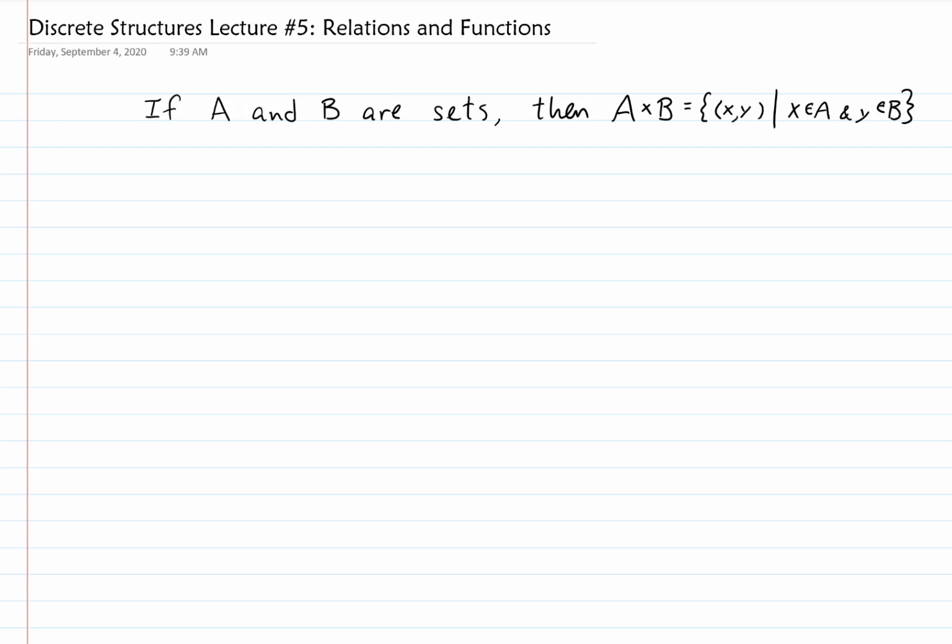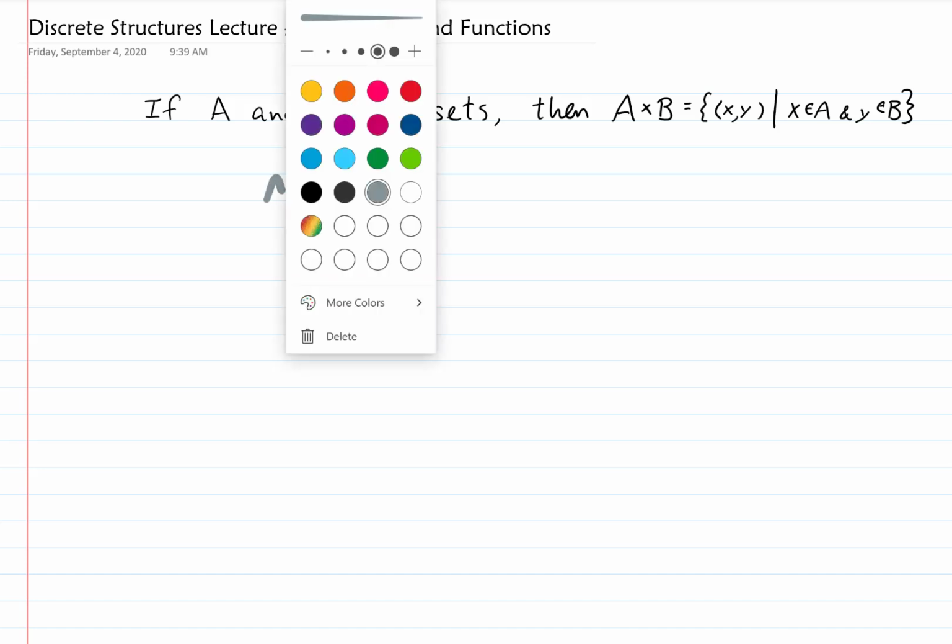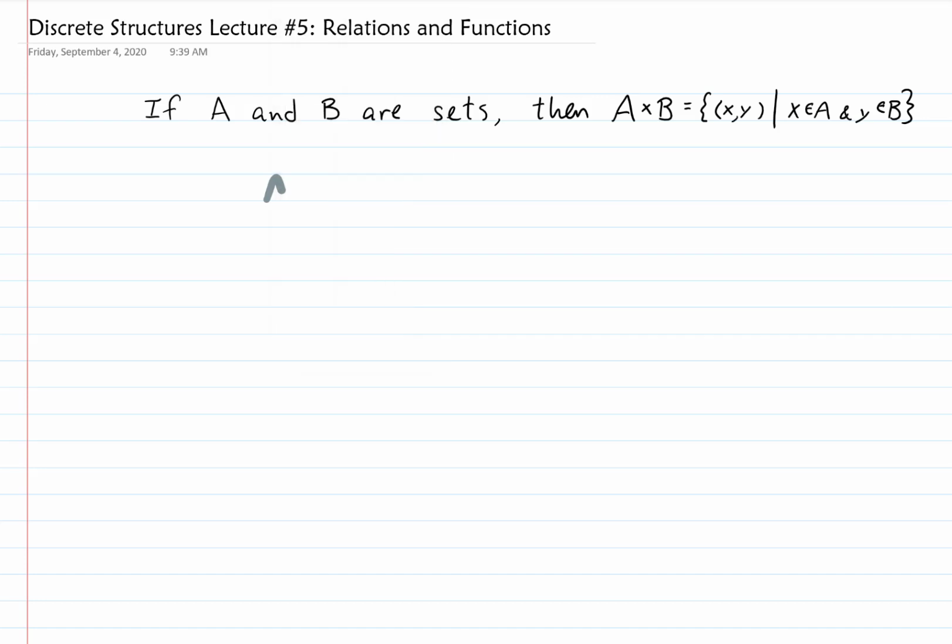Okay, let's just practice that really quickly here. So let's say A equals the set containing the letters A and B, and B equals the set containing, well, how about we'll do numbers, okay? 1, 2, and 3. Then A cross B would be the set containing, there will be 6 elements here.